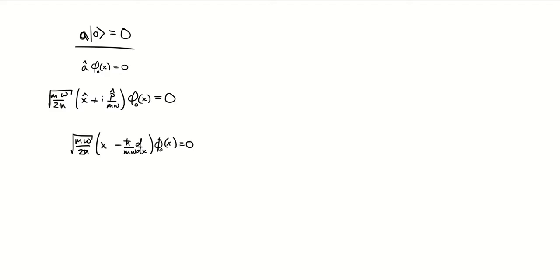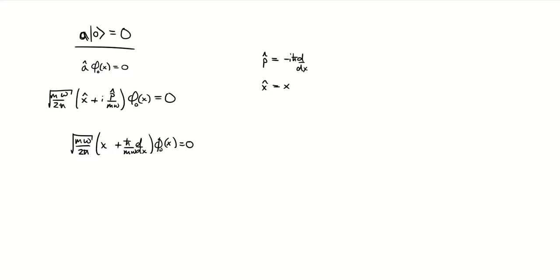So in this, we've used that our momentum operator is negative i h bar d/dx, and our position operator is just x. So, oops, this should actually be plus because negative i times i gives us positive.